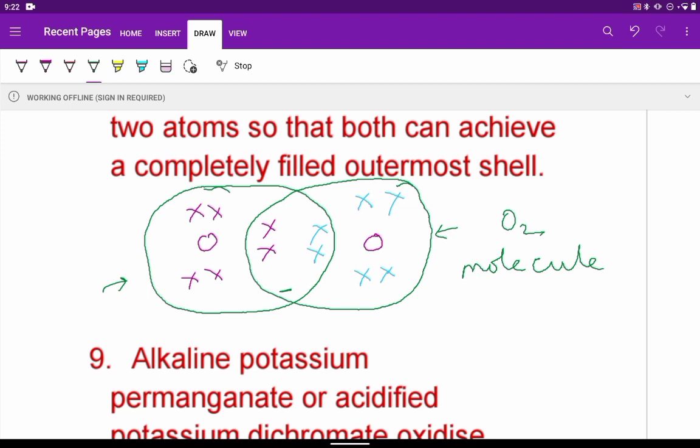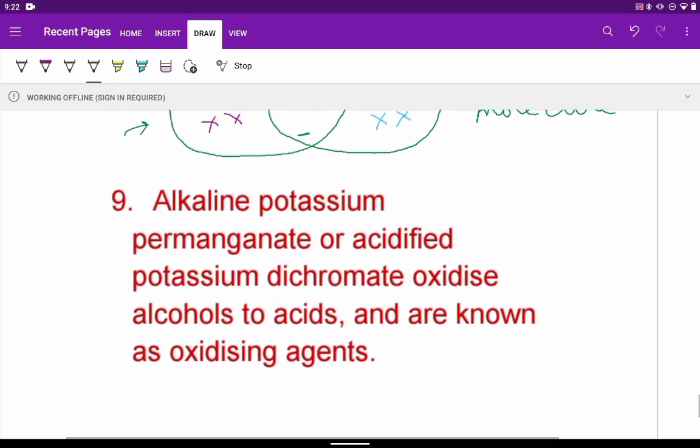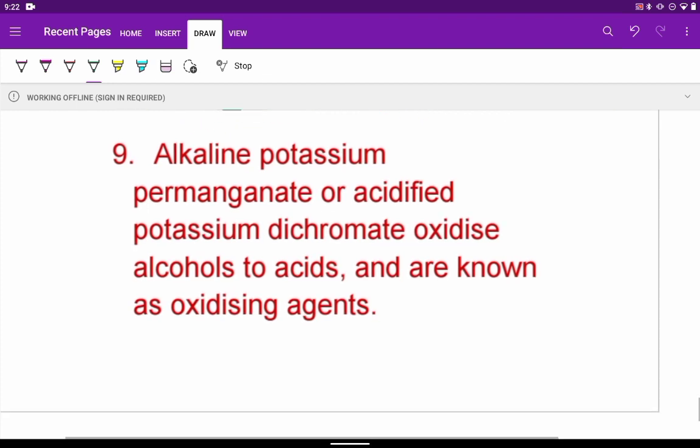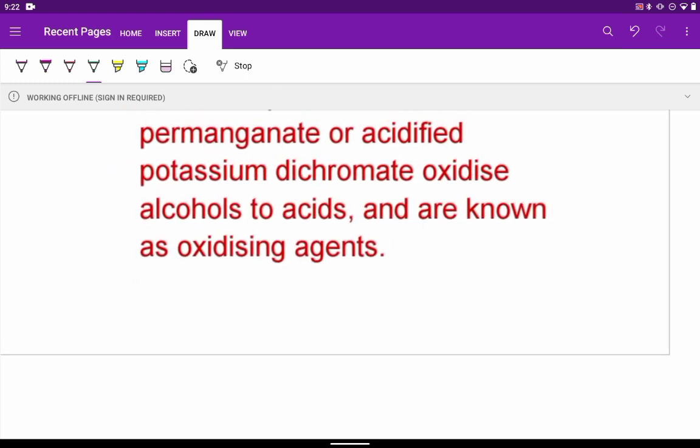By doing so, we get the oxygen molecule. So 2 pairs of electrons are shared by both so that both complete their octet. Next important point: alkaline potassium permanganate or acidified potassium dichromate oxidize alcohols to acids and are known as oxidizing agents.